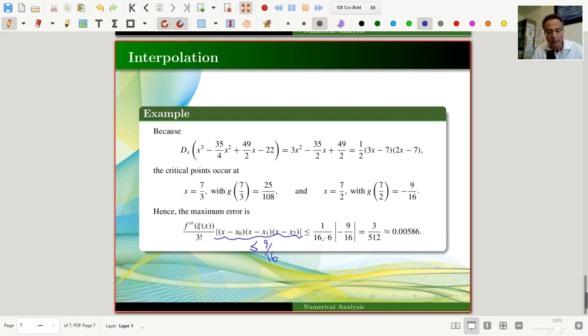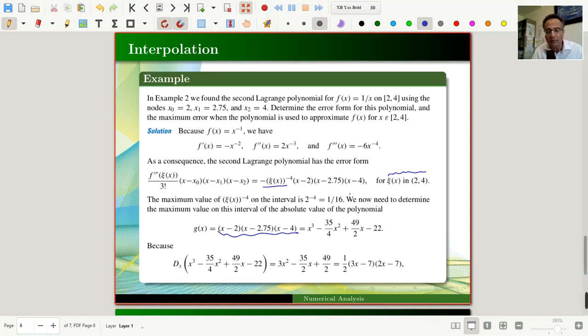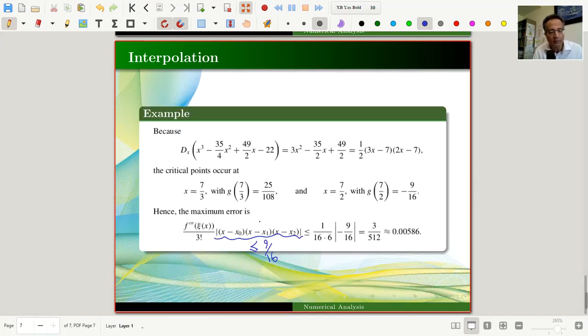Also we know that the term with xi of x was less than or equal to 1 over 16. So 1 over 16 here and 9 over 16 here, and the upper bound will be this value, and that's all.